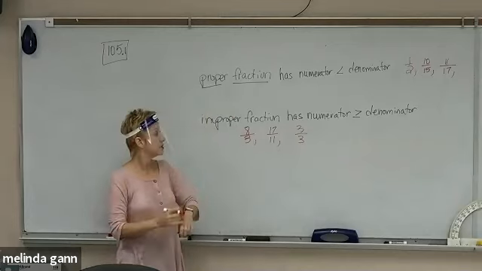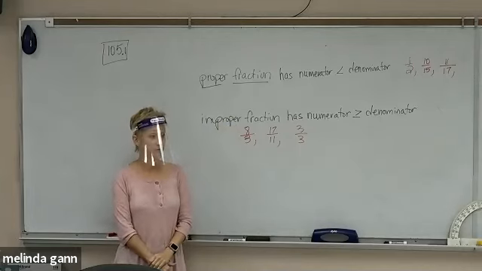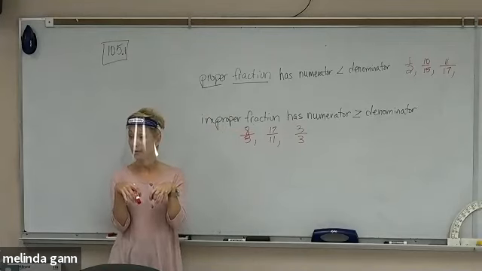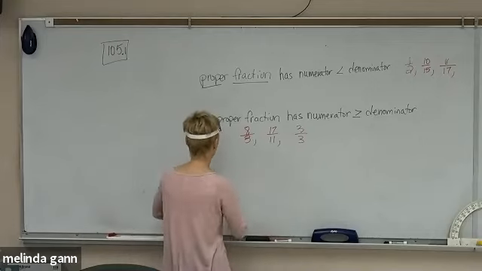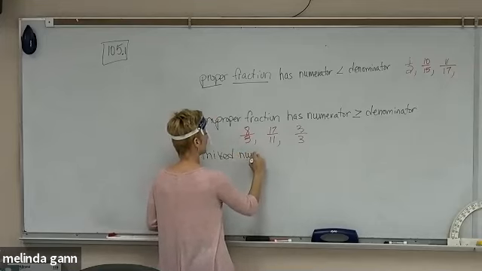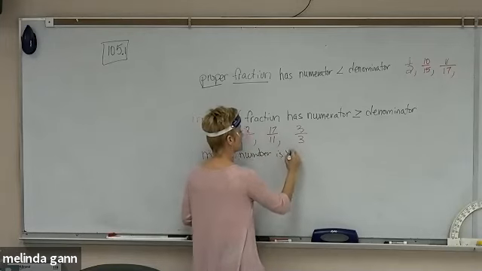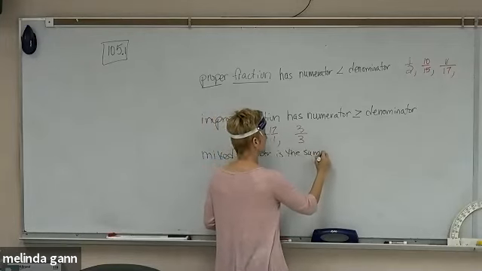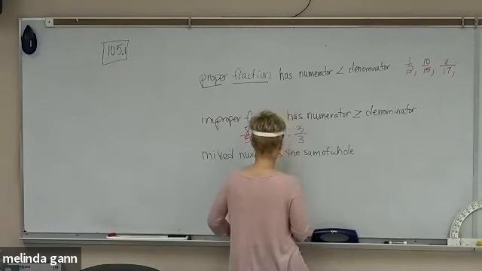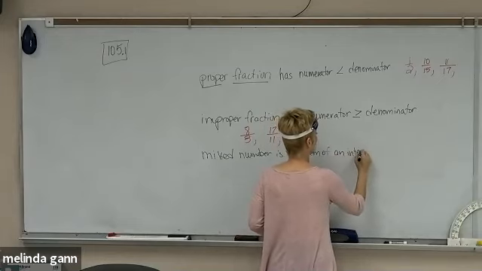Okay. So if you have an improper fraction, we change those to what are called mixed numbers. Now, when something's mixed, don't you have different things there? Okay. Let's talk about what a mixed number is. A mixed number is the sum, put it this way, of an integer and a fraction.